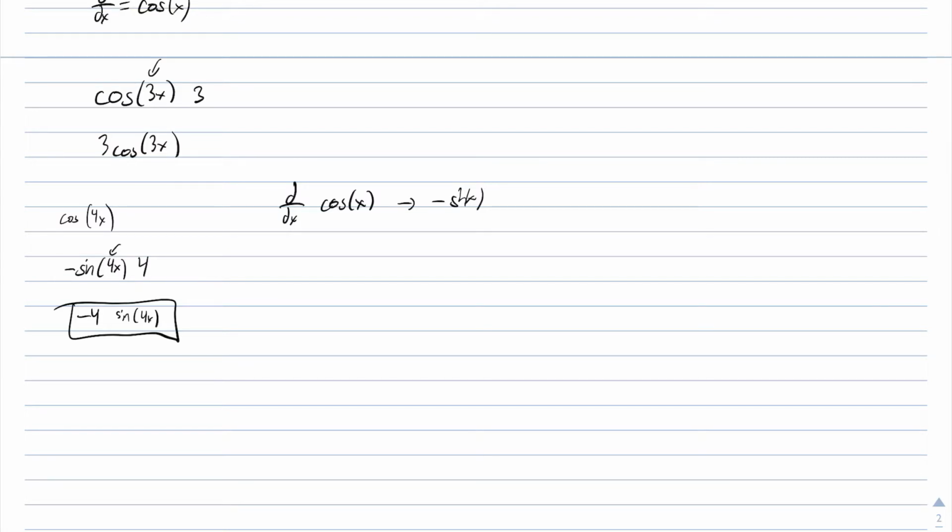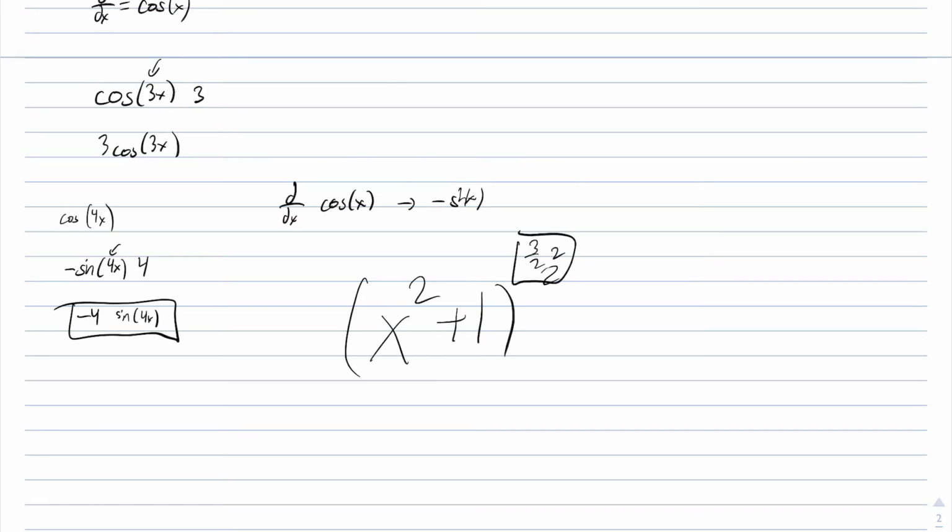Just remember that when you got a composite function, like x squared plus 1, and there's something out here, whether it be 3/2 or 2 or 7 or a billion, you gotta take the derivative of this and multiply it out. Otherwise, it's not gonna work.